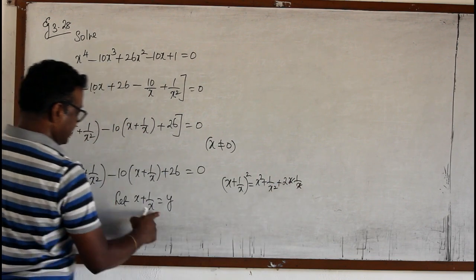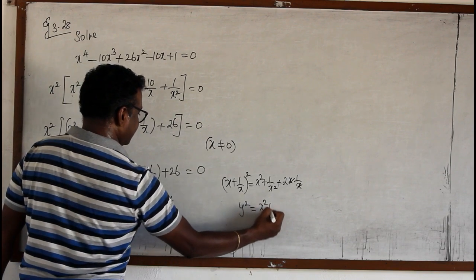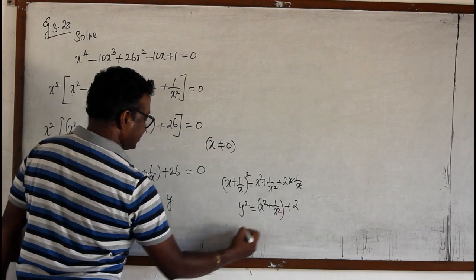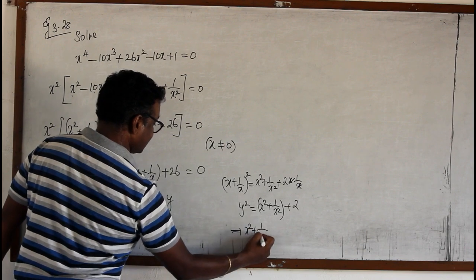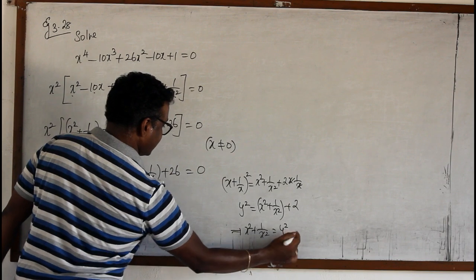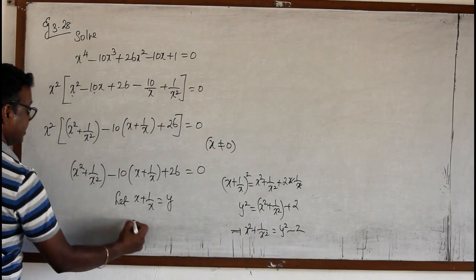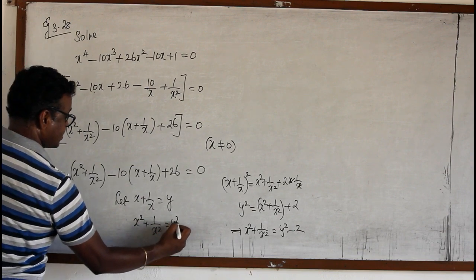X cancels. We kept x plus 1 by x as y, so y square is x square plus 1 by x square plus 2. Therefore, x square plus 1 by x square is y square minus 2. So when x plus 1 by x is y, then x square plus 1 by x square is y square minus 2.